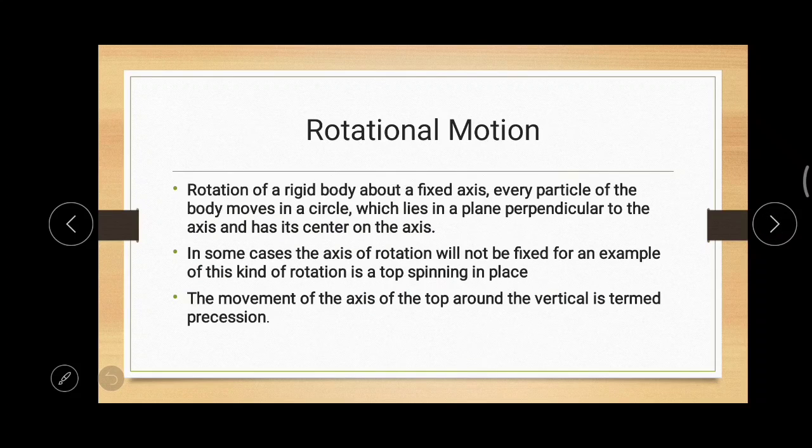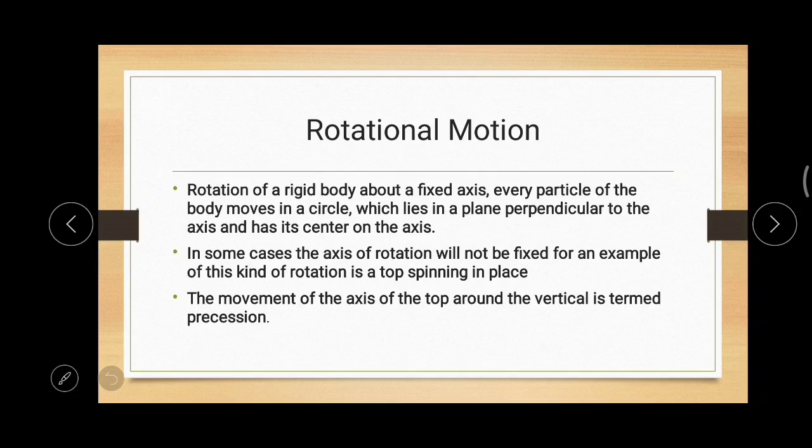Now come to pure rotational motion. This is the rotation of a body about a fixed axis, where every particle of the body moves in a circular path, and the plane of the circle is perpendicular to the axis of rotation.